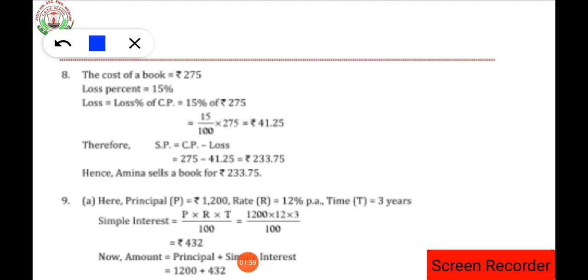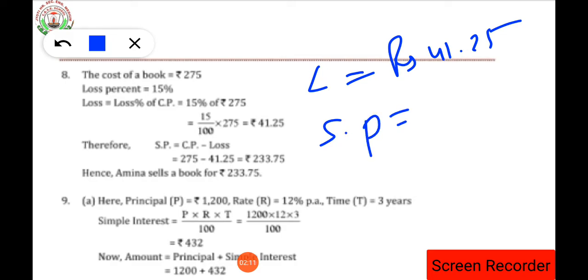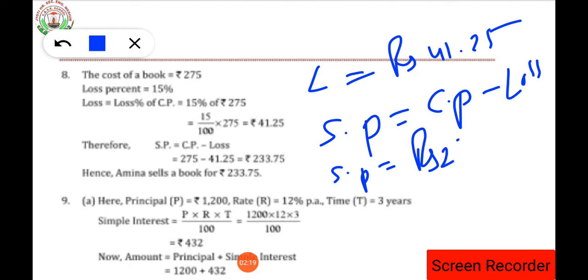Now after finding the loss value, we have to find the selling price. The loss value we got is rupees 41.25. Selling price is equal to cost price minus loss. So selling price is equal to the cost price of rupees 275 minus rupees 41.25.